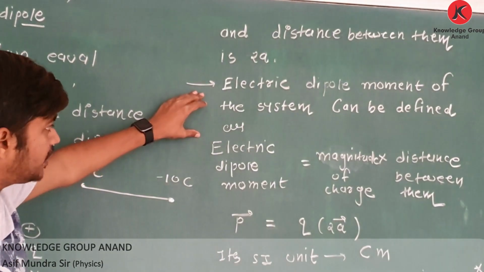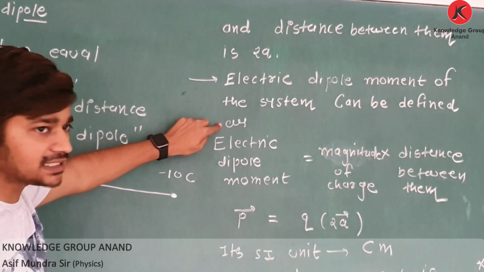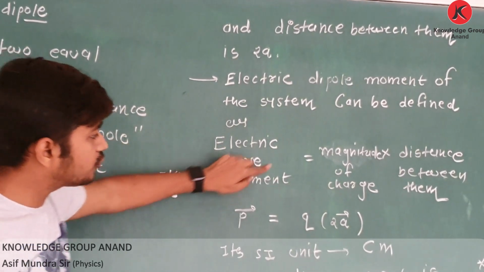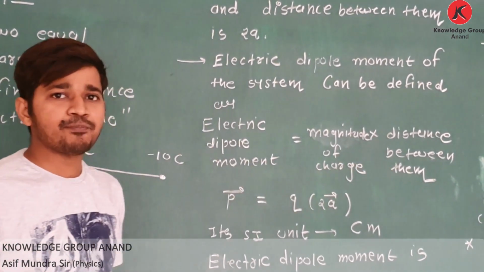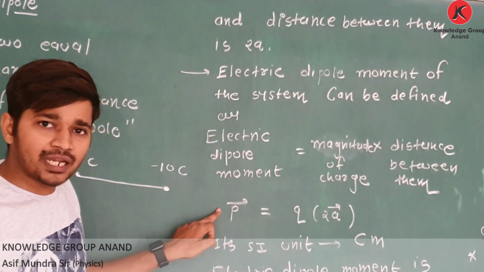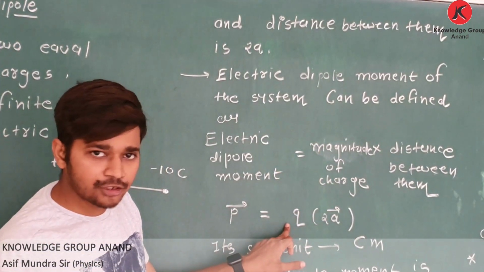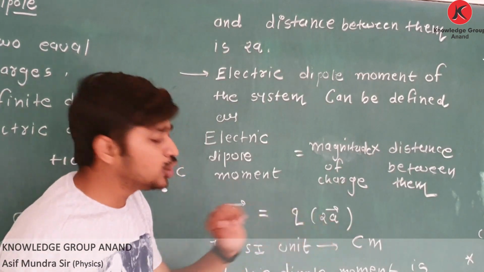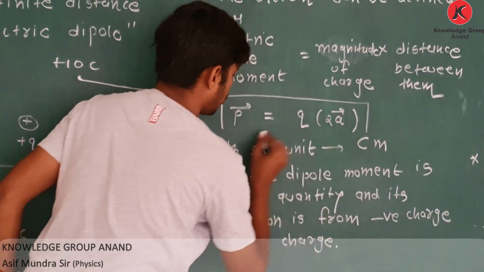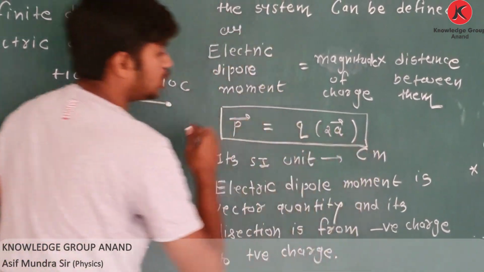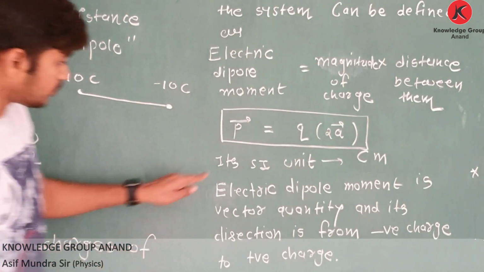Electric dipole moment of the system is equal to the magnitude of charge into the distance between them. It is denoted by P. P is equal to Q into 2a, charge into distance between them. So this is the equation of electric dipole moment.